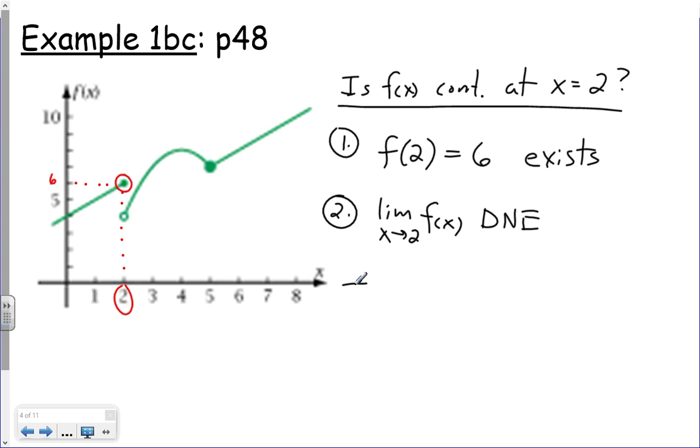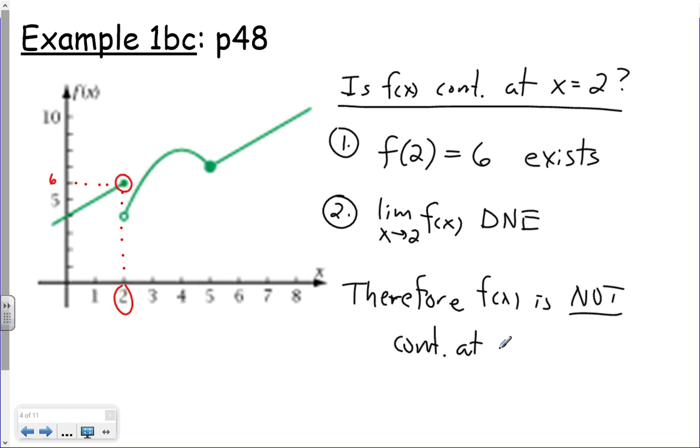So I can then state, therefore, f of x is not continuous at x equals 2. And you should have some concluding statement you can put on the end of that.